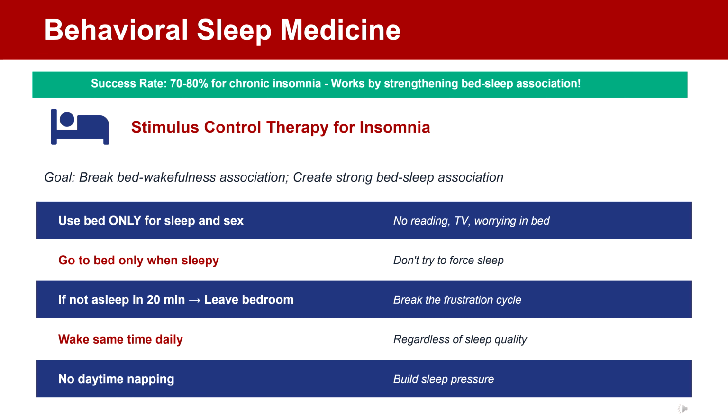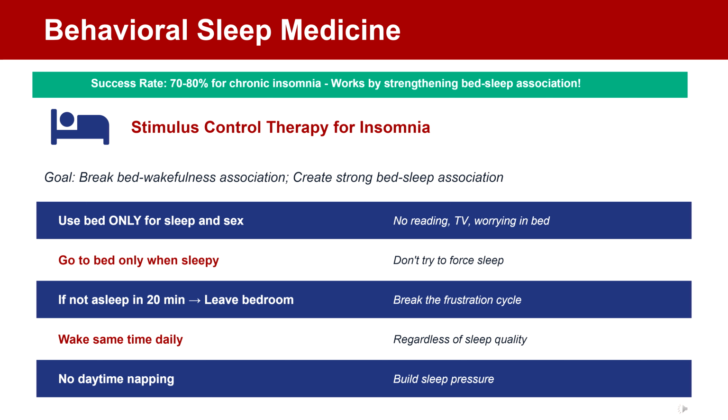Biofeedback makes invisible physiological processes visible, allowing you to learn to control them. Biofeedback measures muscle tension and treats tension headaches and TMJ. Thermal biofeedback tracks hand temperature for Raynaud's and migraines.